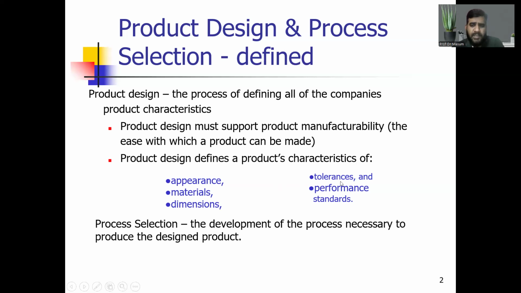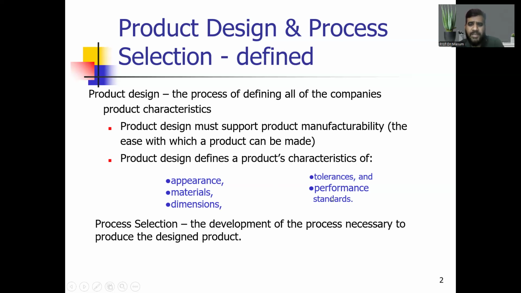Tolerances means that you are thinking the product will perform as per the standard, but what will be the deviations? 5% deviated from the standard or 10%? This is known as the tolerances.